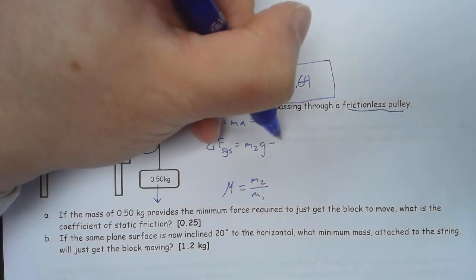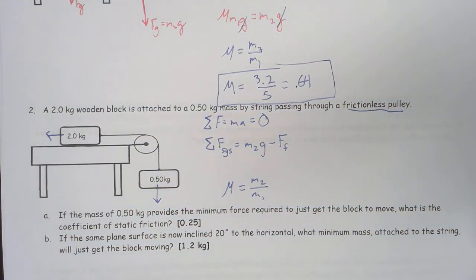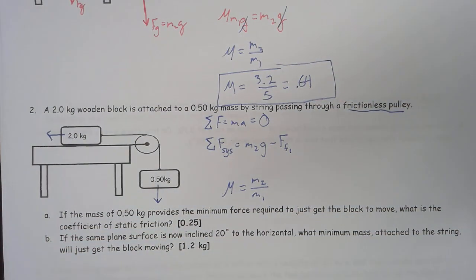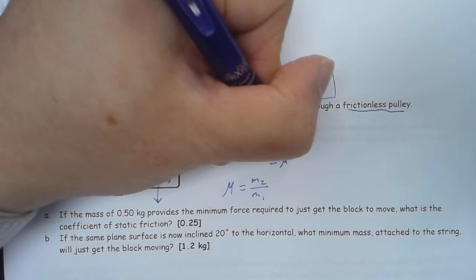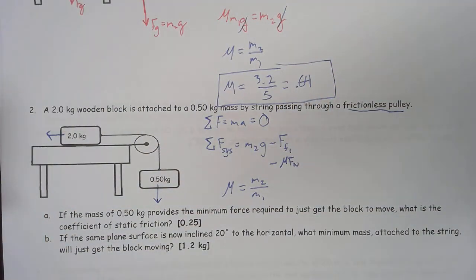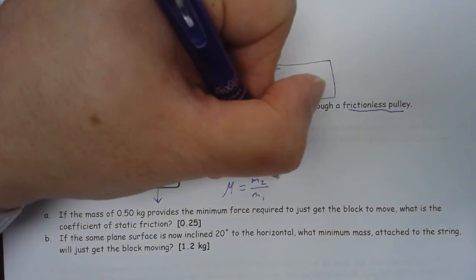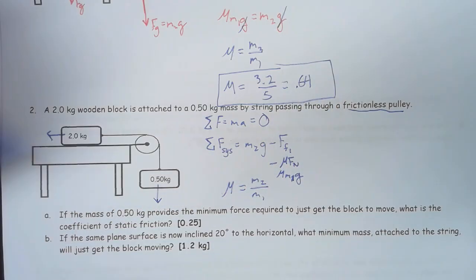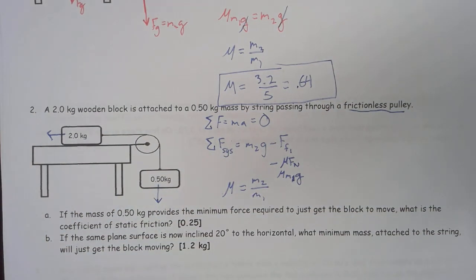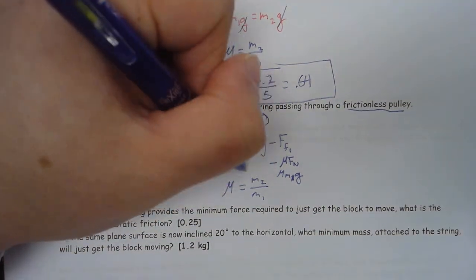M2g minus force friction of box 1. That my friction is equal to mu times force normal. That my mu times force normal is equal to that box's gravity, m1g. Right?